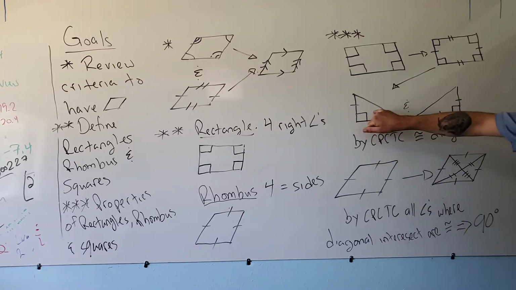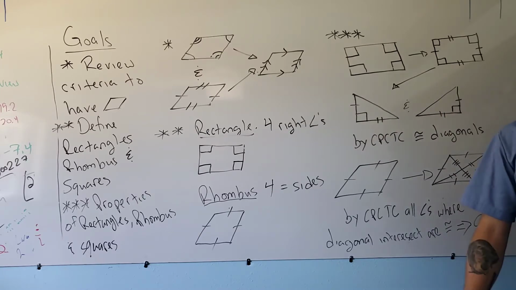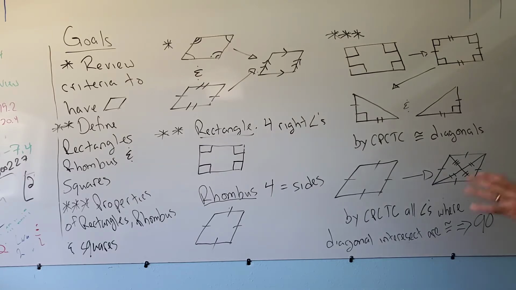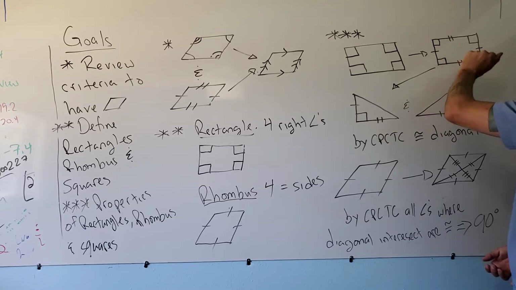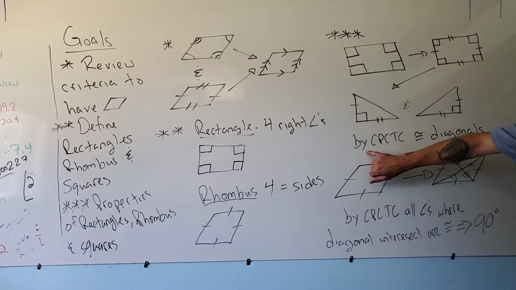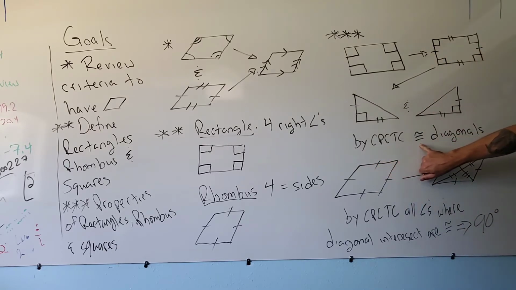And these two triangles are congruent by the side-angle-side triangle congruence criteria. And because these triangles are equal and these are the diagonals of the rectangle, we can conclude that by corresponding parts of congruent triangles, these diagonals must be equal.